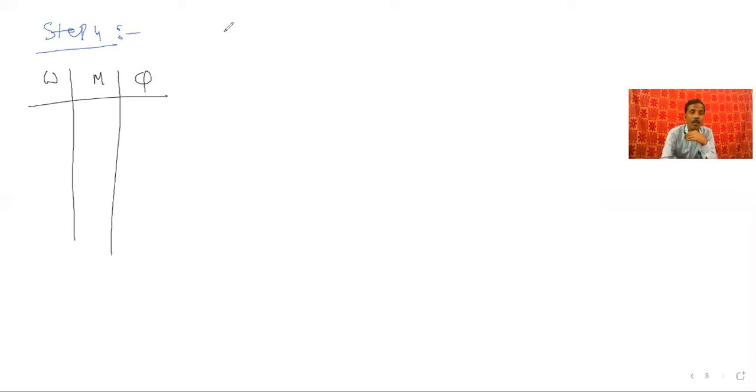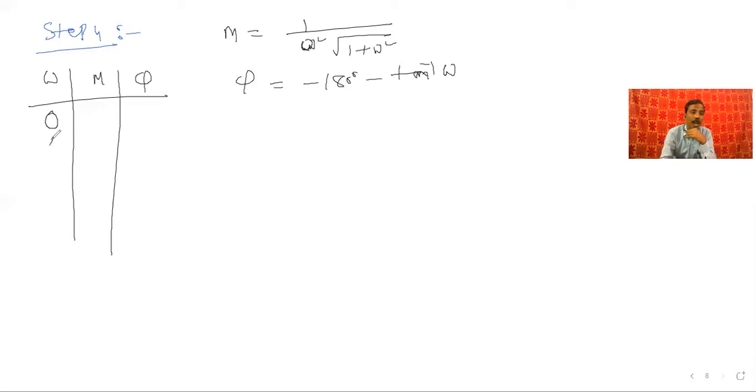And what is the magnitude M? 1 by omega square into root over 1 plus omega square. Phase angle phi equals to minus 180 degree minus tan inverse omega. Then put first value omega equals to 0 and infinity second value.